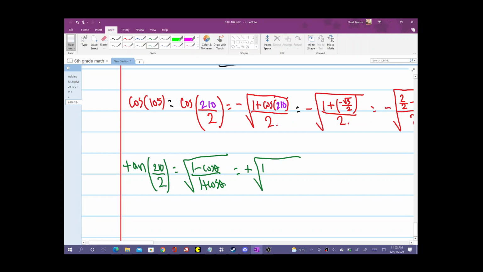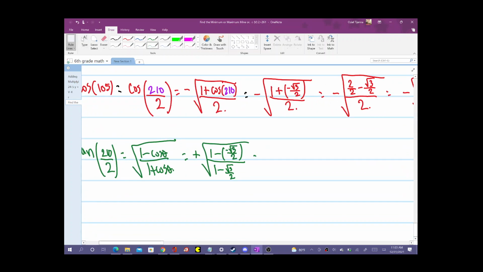It's going to be 1 minus the negative square root of 3 over 2, over 1 minus square root of 3 over 2. So then this becomes the square root of 1 plus square root of 3 over 2 over 1 minus square root of 3 over 2.